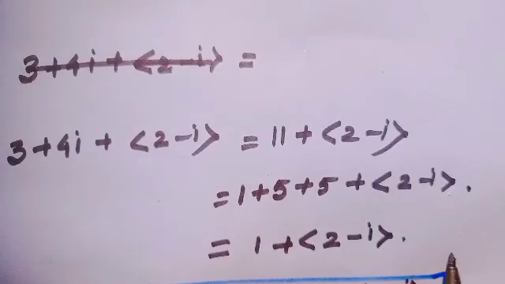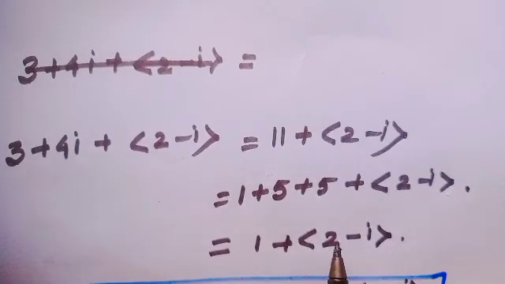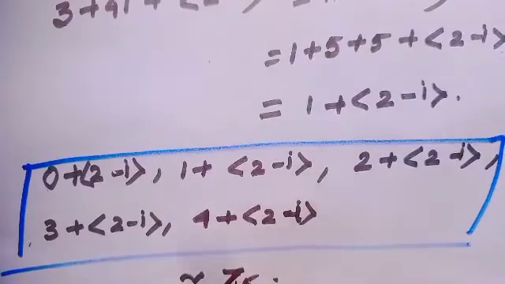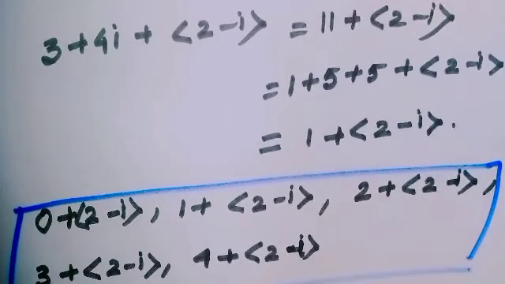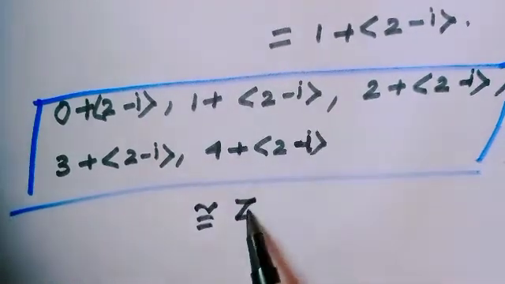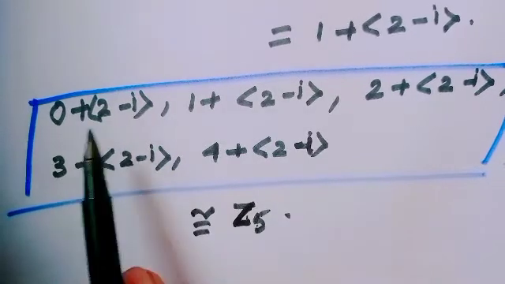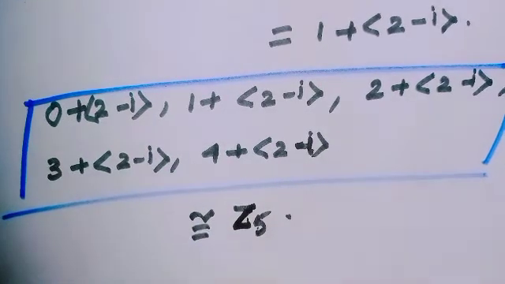Other elements of this quotient ring we can write in this way. So only these are different elements. So actually this quotient ring is isomorphic to the group Z5, because this quotient ring only contains 5 distinct elements.